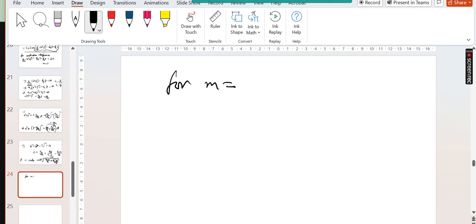We can see that for m equal to 0, that is also a circle.